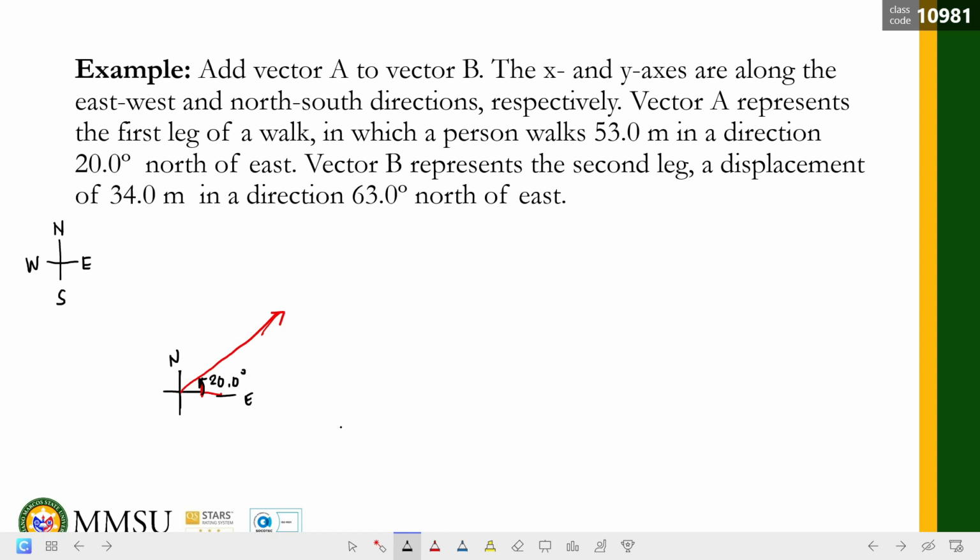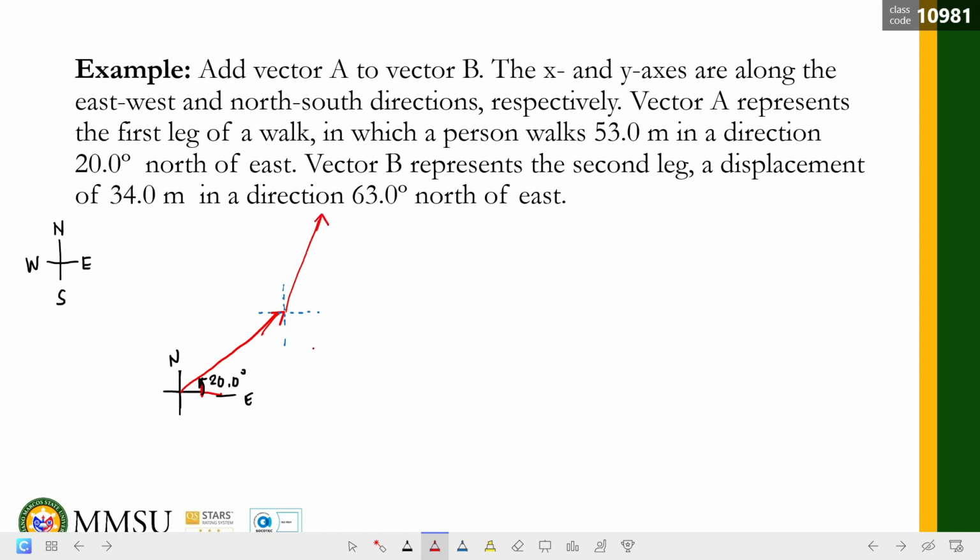And then, susunod, from the head of the first vector, draw tayo ng perpendicular lines din natin dyan. We draw the second vector, yung vector B, 34.0 in the direction of 63 north of east din. Okay, so at this direction din, pero mas steep lang siya.